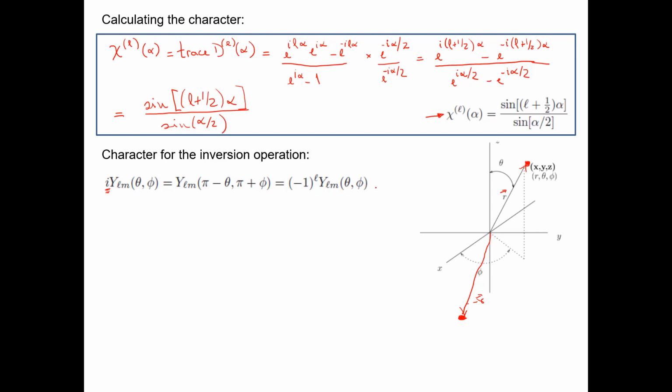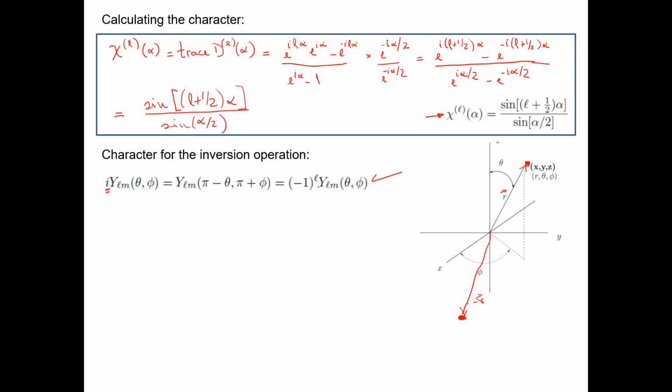And you can look into the properties of spherical harmonics. I'm not going to do this calculation, but I'm just saying to you that this is what you get. When you invert a spherical harmonic Y_LM, you basically multiply it by minus 1 to the L.